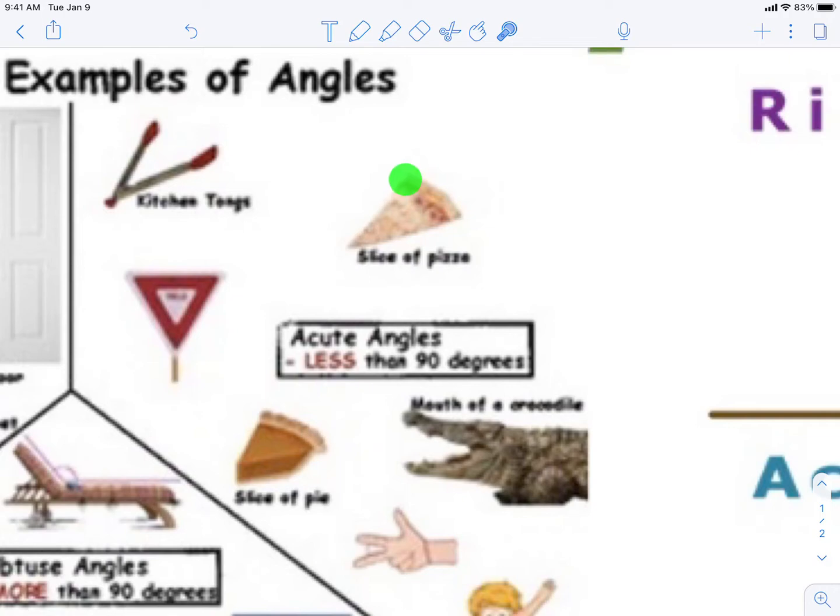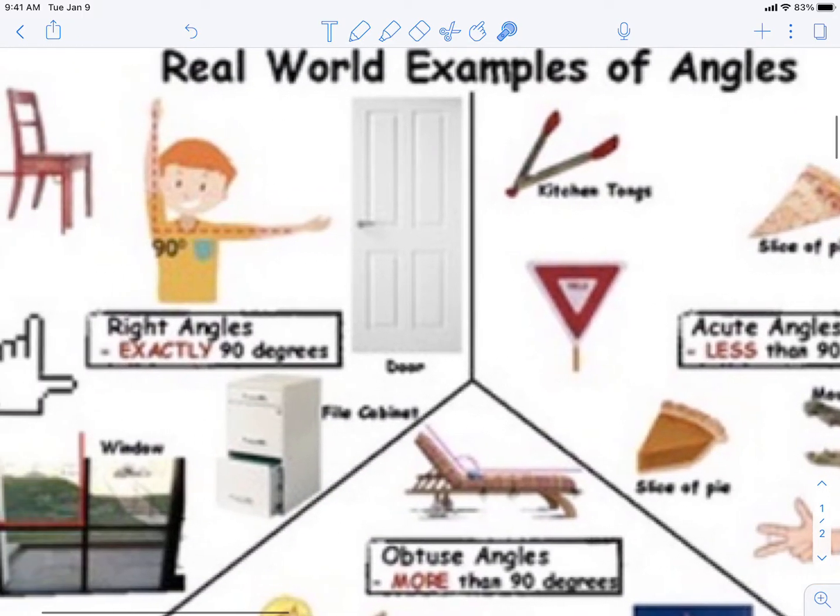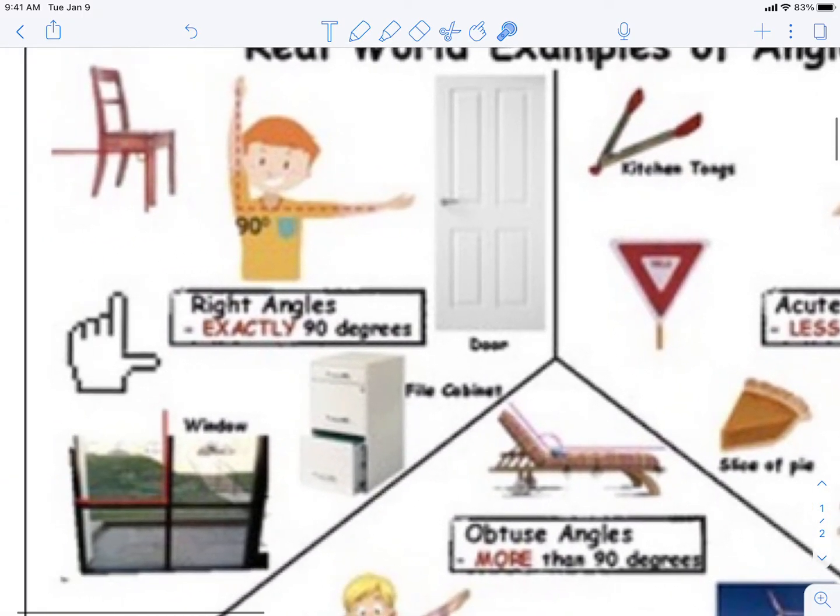A slice of pizza is an acute angle. A yield sign makes three angles: there's one, and there's two, and then the third one. Three acute angles. Oh, I forgot to mention, a right angle is 90 degrees.